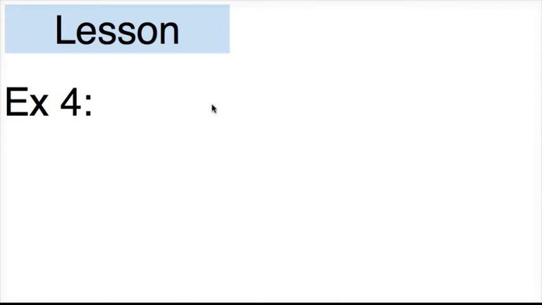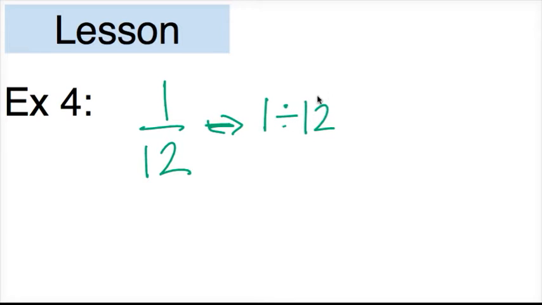Next example, number 4. 1/12. I'm going to divide and say 1 divided by 12. When I write my division problem out so that I can do my long division, it's 1 divided by 12. Write your decimal, and let's include a 0.